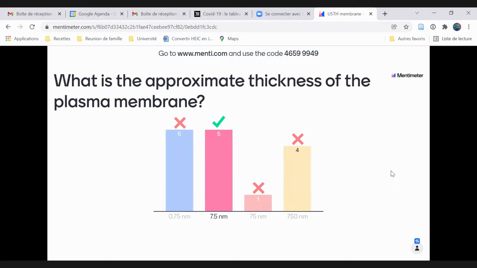I told you that the thickness of the plasma membrane is between 4 and 10 nanometers.